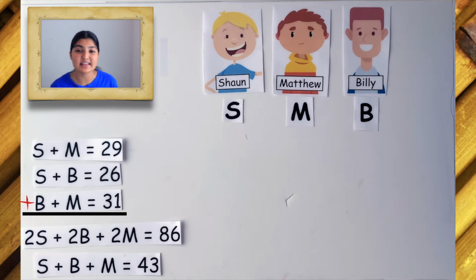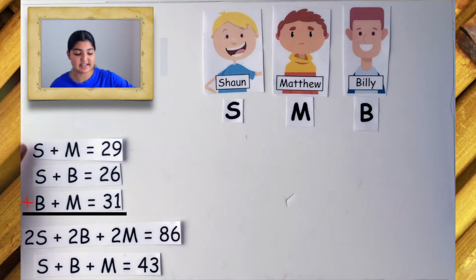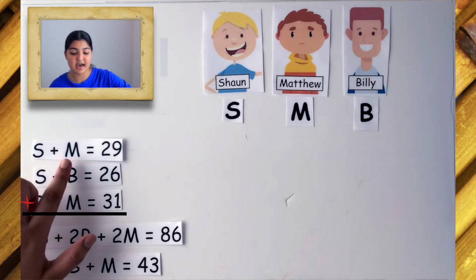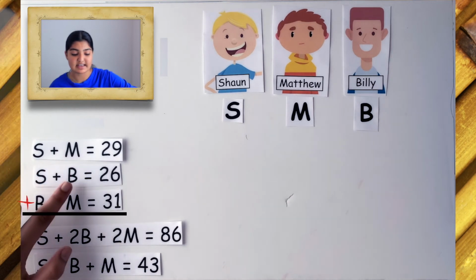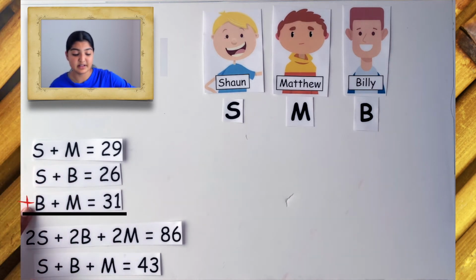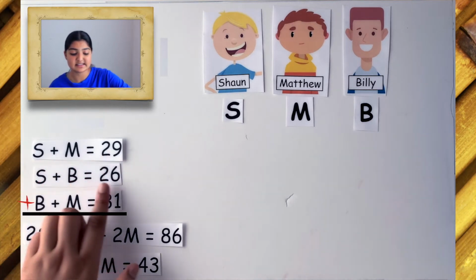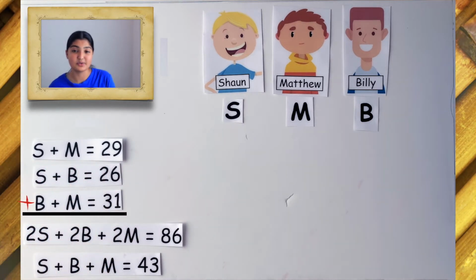But how do we find the ages of each of the boys individually? Well, remember, the problem tells us this. It tells us the sum of Shaun and Matthew, Shaun and Billy, and Billy and Matthew. So, we can substitute one of these sums into this equation.